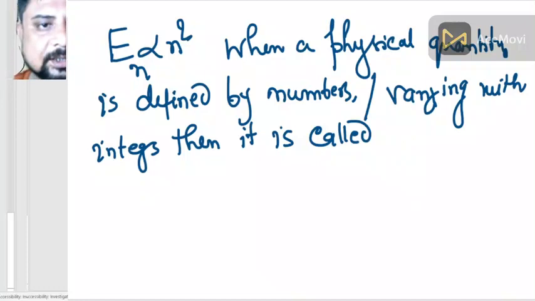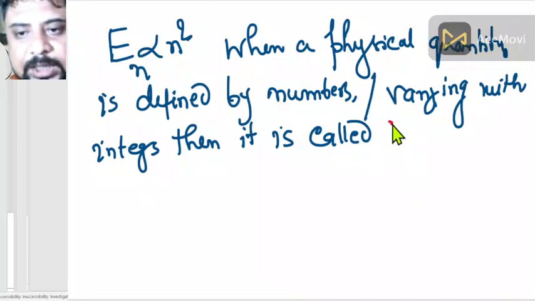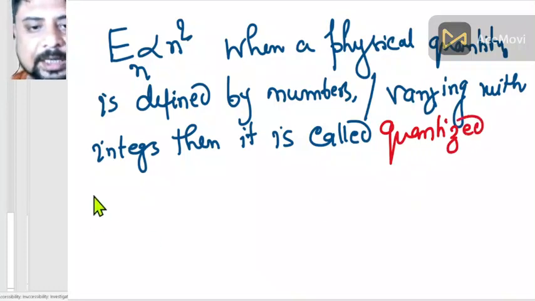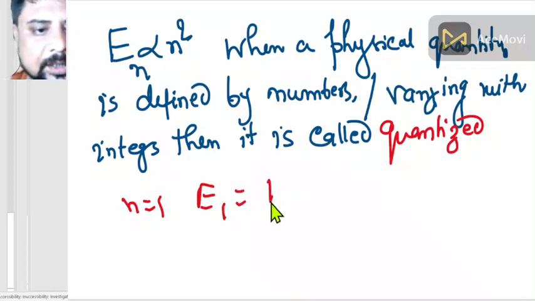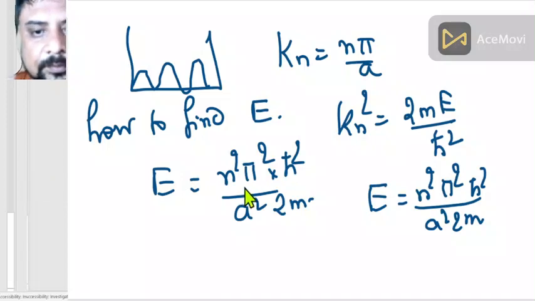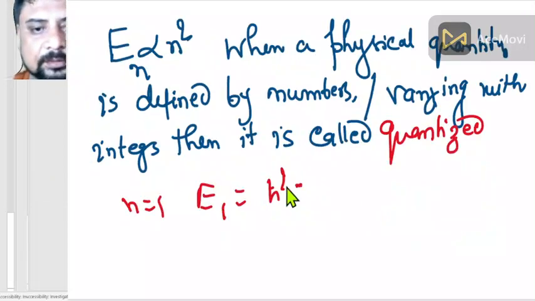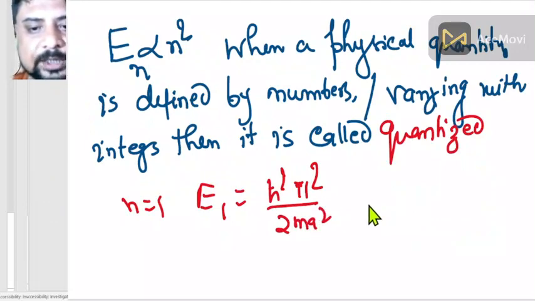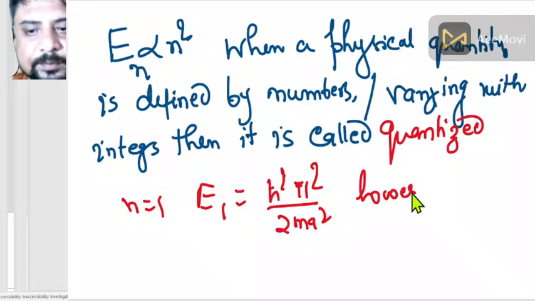then it is called quantization. This is the principle of quantization. You have studied charge quantization, Q is equal to n e. So the energy is quantized. Energy is a function of n.